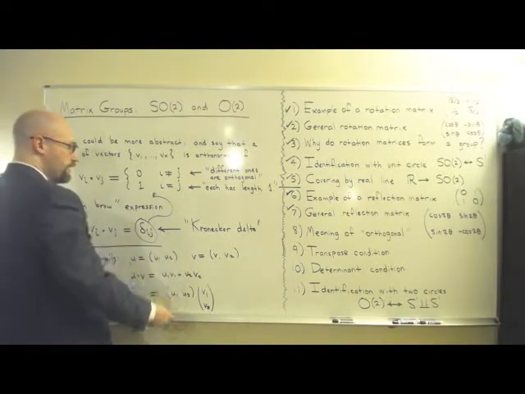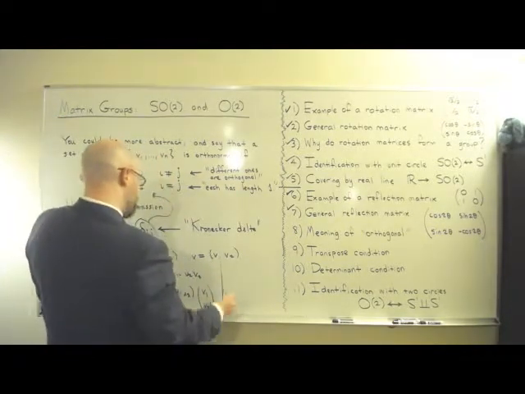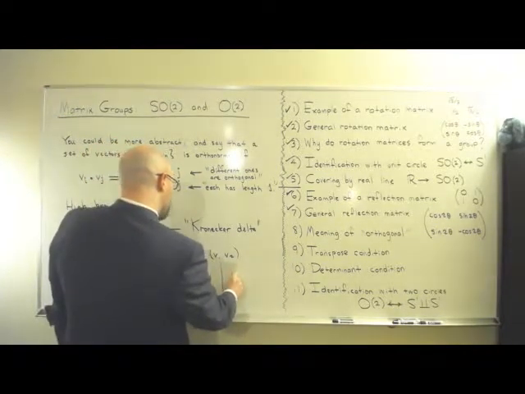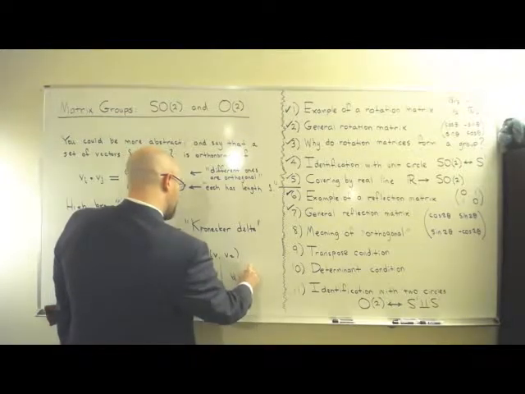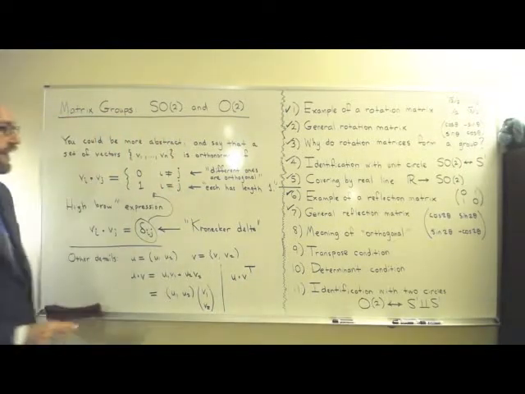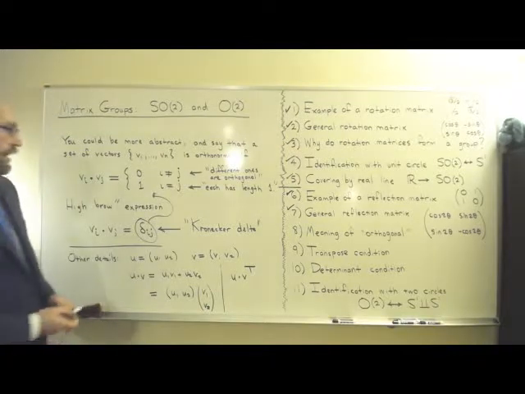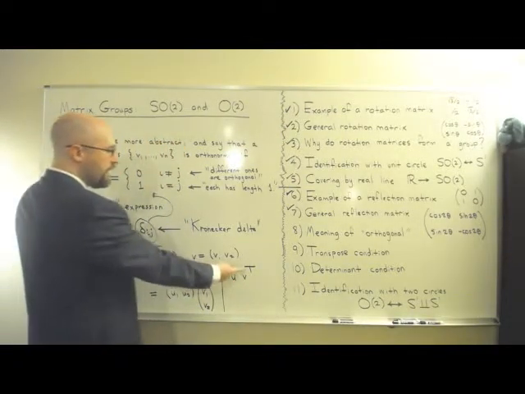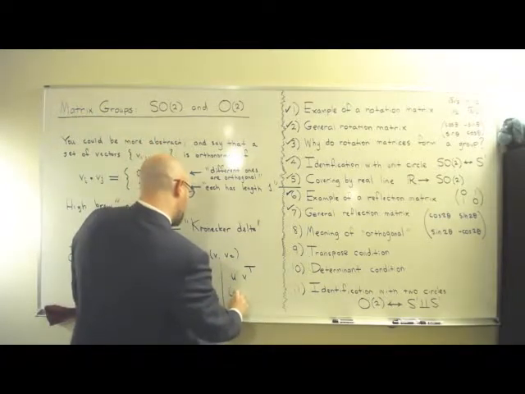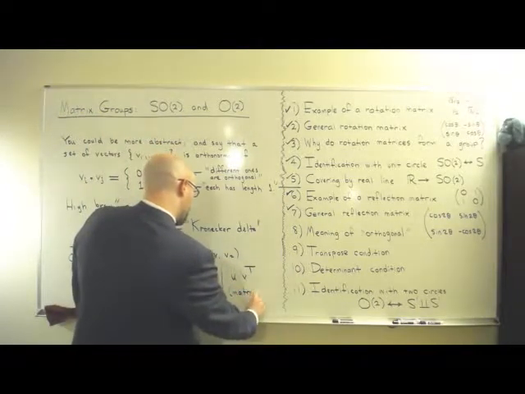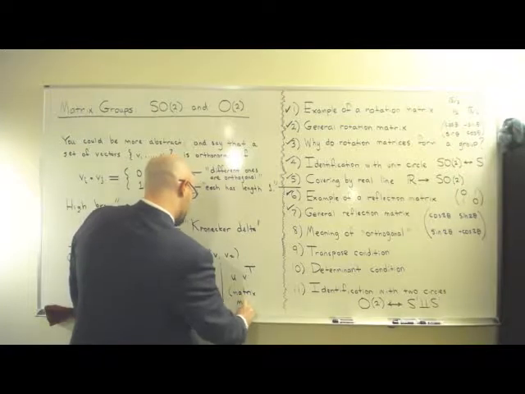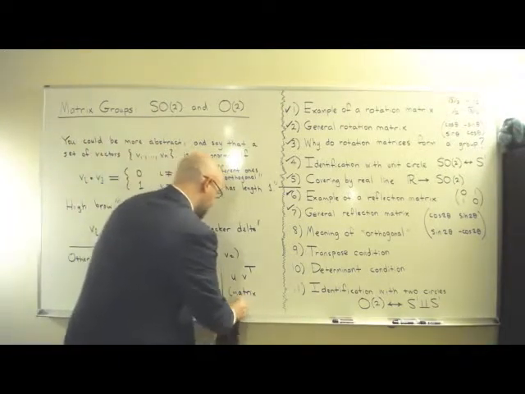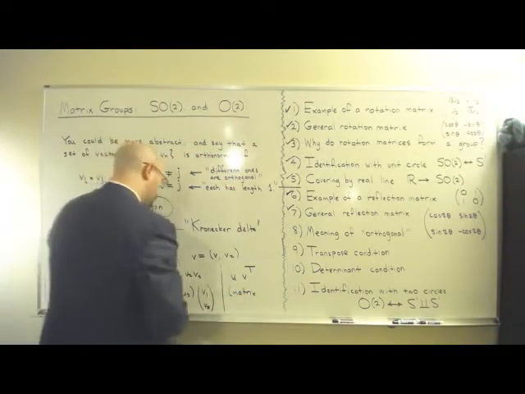So you could write this as U times V transpose, where the T means transpose. I won't write the dot there because then it looks like a dot product. This would just be the matrix multiplication way of thinking about it. For some reason, I can't seem to write accurately here.